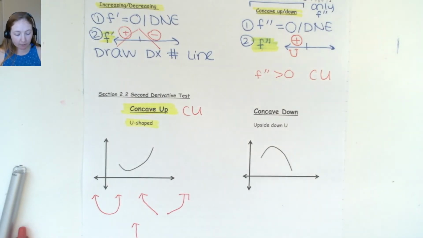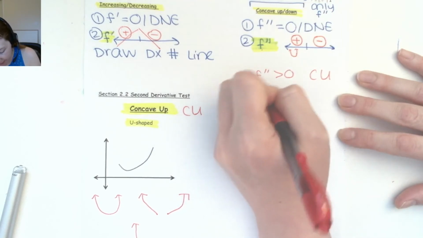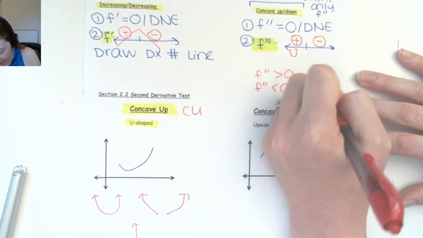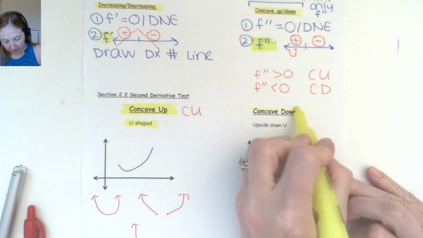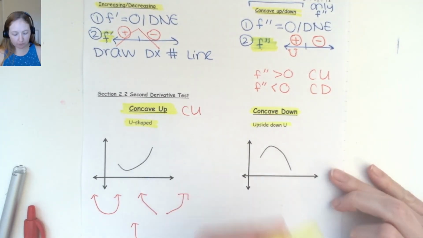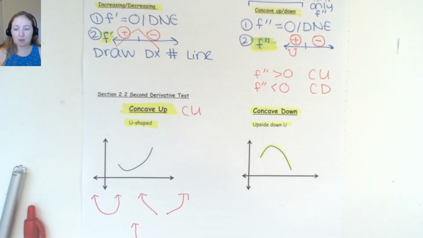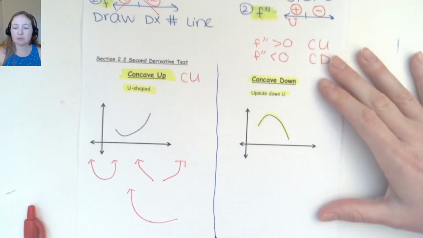Now, if we get a negative for our second derivative, that tells us that the function is concave down. And when you have a concave down function, you have an upside down U. So you have the U inverted. Again, there's lots of variety in what you could potentially see.